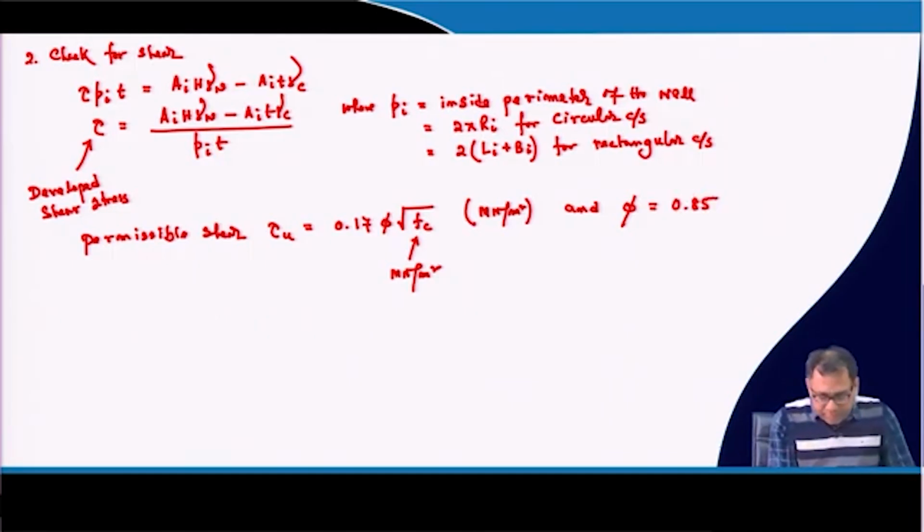Now, for the stability purpose, this tau should be less than tau u.